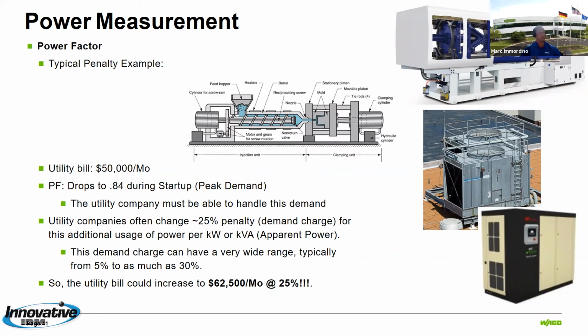And so the utility bill could then be increased by $62,500 a month at 25%. So again, because of that penalty that you have to pay, and the difference between your standard utility bill and your power factor drop as far as your efficiency, it's going to cost you money. So again, over time, that's a lot of money. It starts to add up, right?